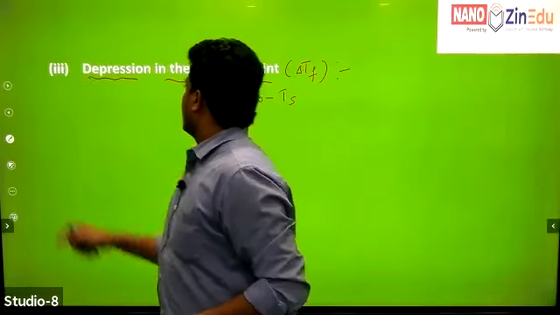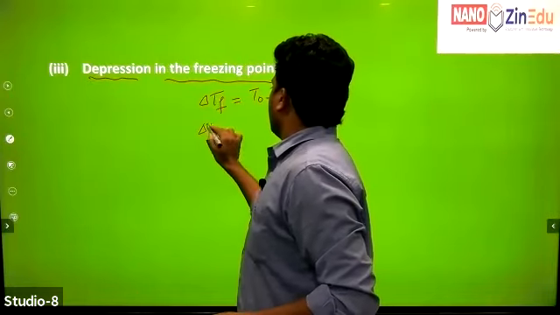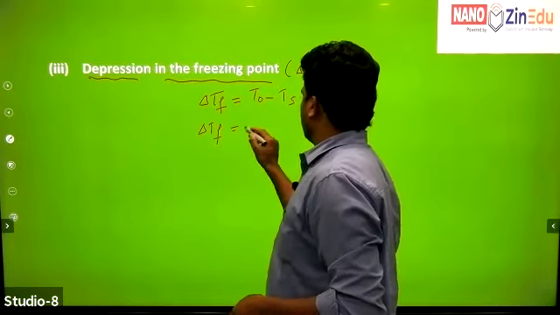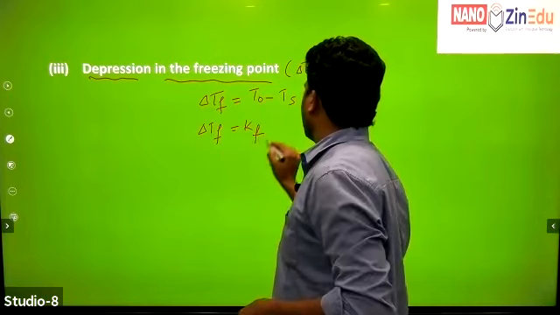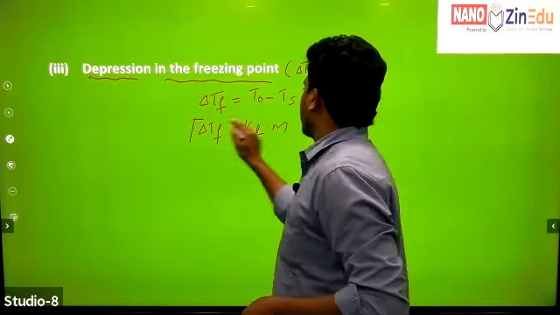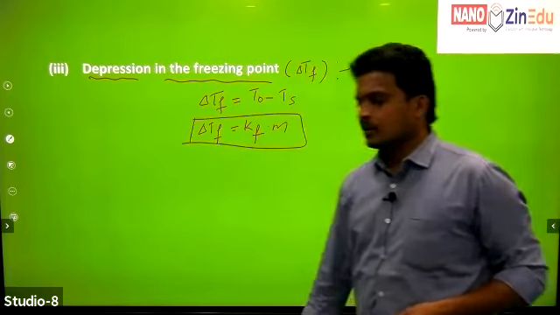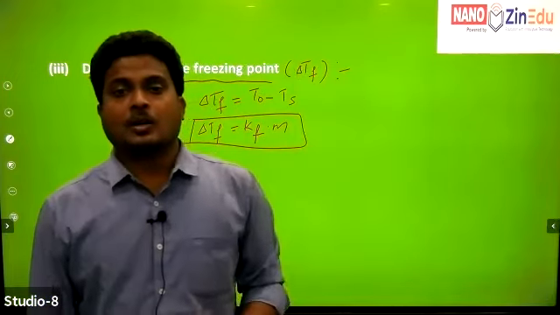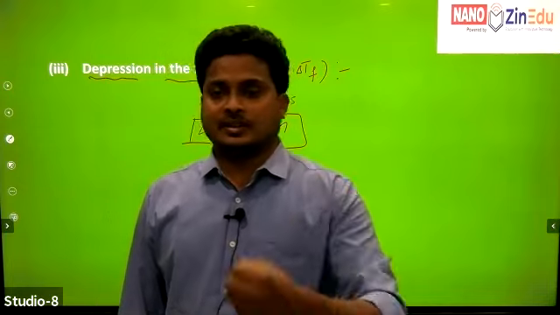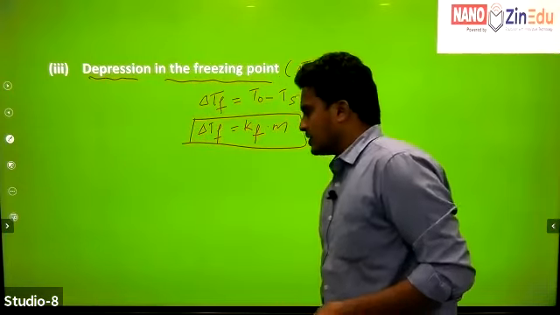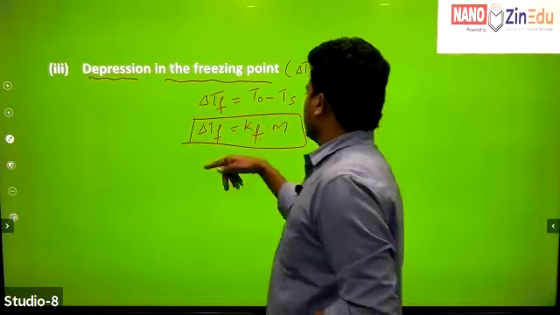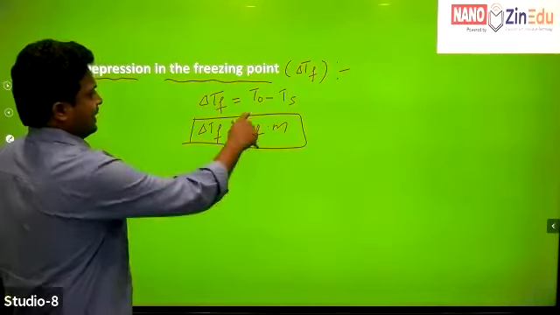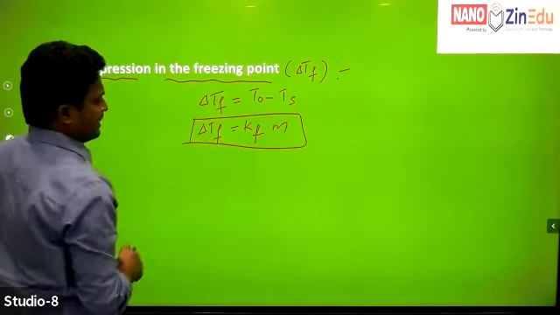So again, delta TF is equal to, I am writing directly, KF into molality. What is KF here? KF is the cryoscopic constant or molar depression constant. So expand this formula. Can I write T0 minus TS in place of delta TF?